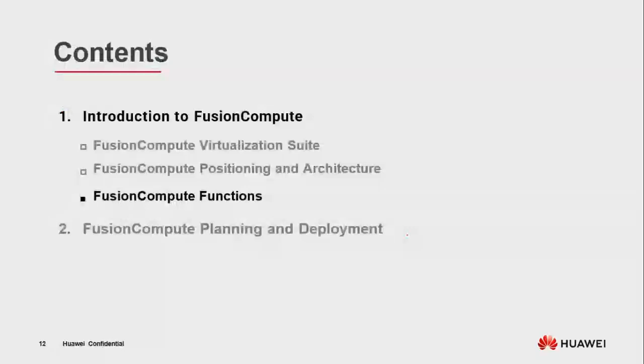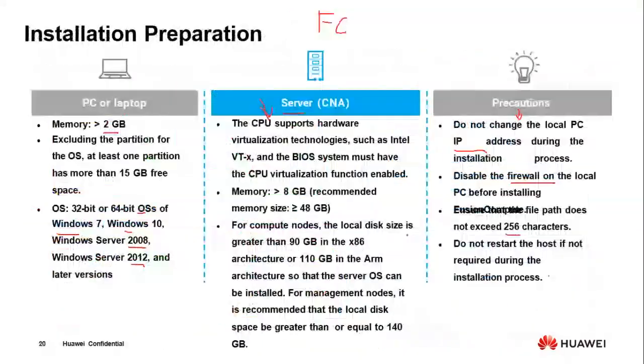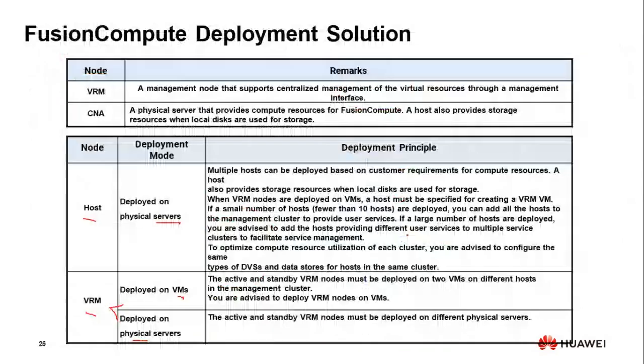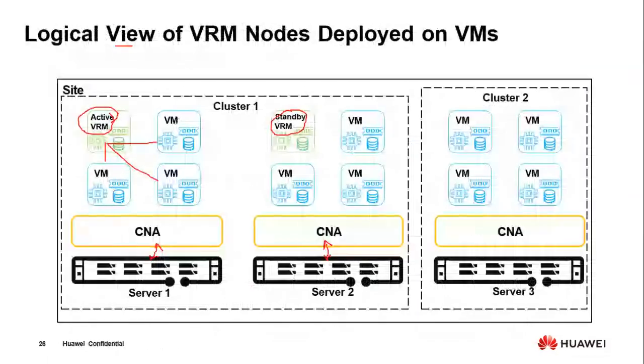So the same thing is shown there. You log in through the active VRM, then you can create your virtual machines. The virtual machines will relate to the CNA and to the server. Of course, they are sharing from the portion of the server.